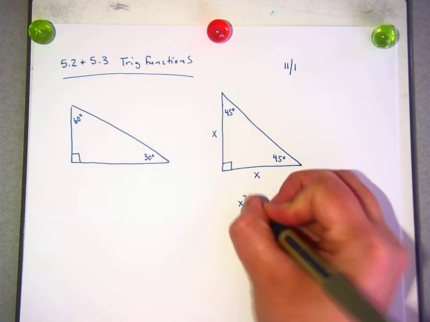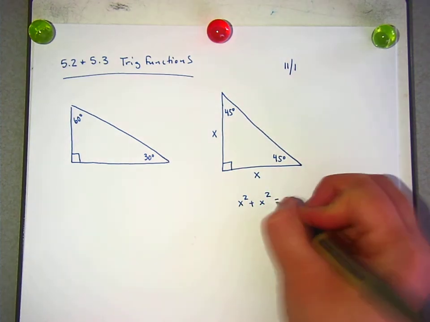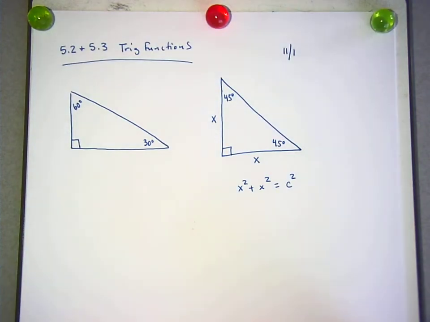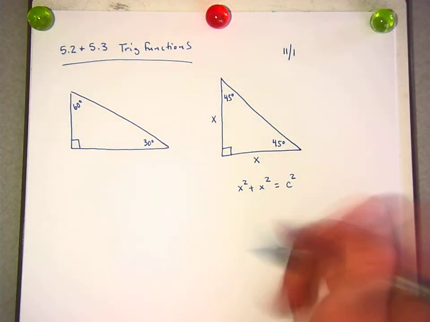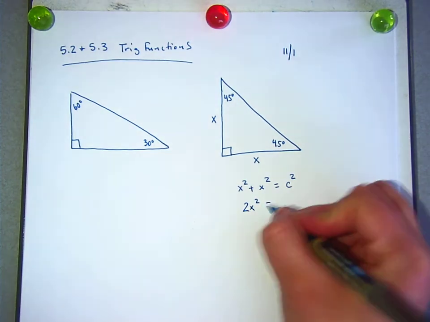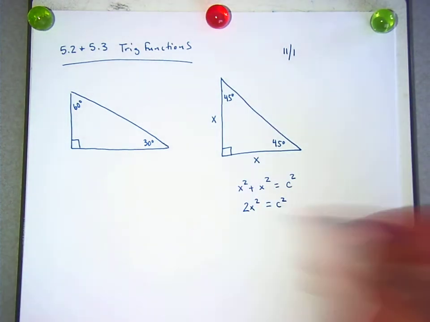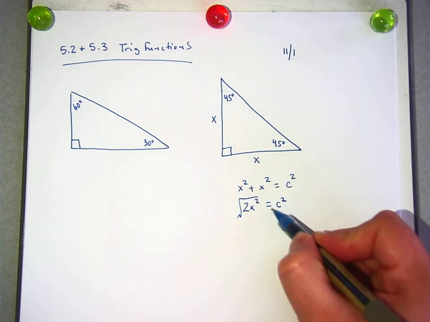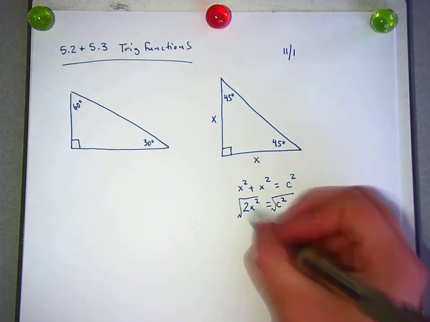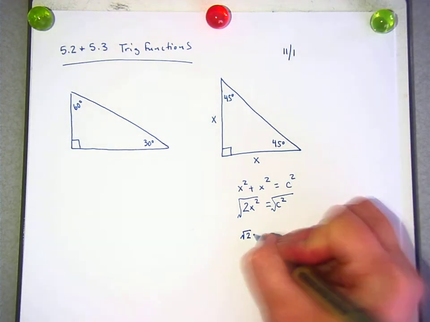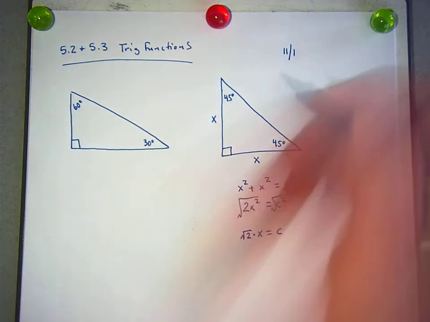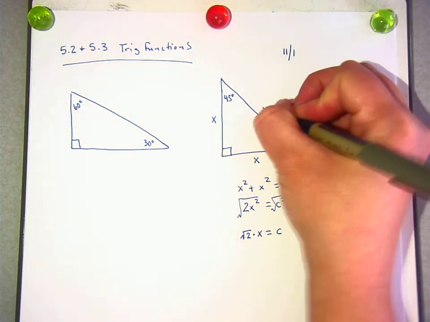Then if we're solving for c, 1x squared plus 1x squared is 2x squared, which equals c squared. To get c by itself, you take the square root of both sides, which leaves you with the square root of 2 times x. So this over here is always x times the square root of 2.